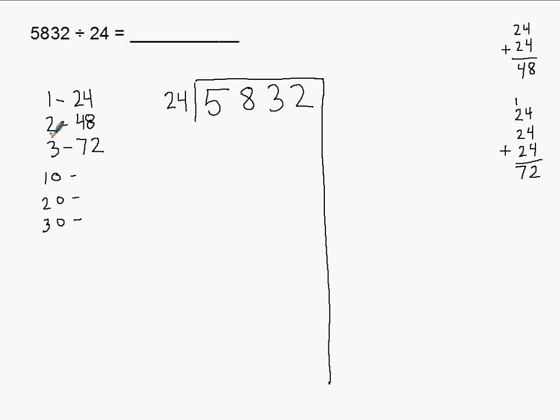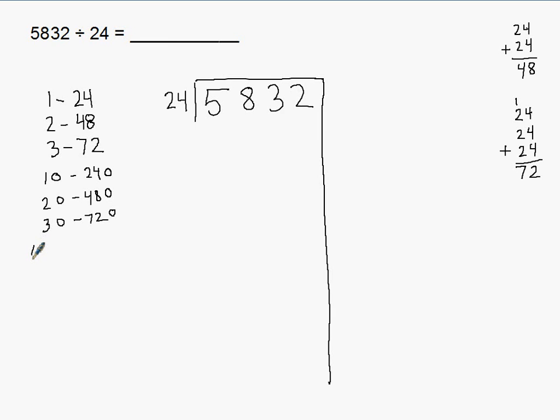Well, since I did 1, 2, 3, and now I'm doing 10, 20, 30, I could take each one of these numbers, 24, 48, 72, and then just add a 0 since I'm multiplying times 10. And look here, 720 is less than 5,832, so I can continue on with this.